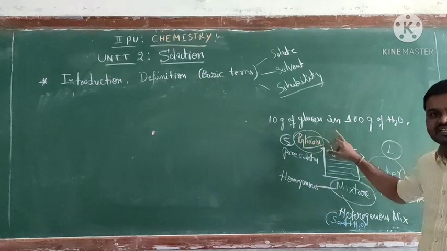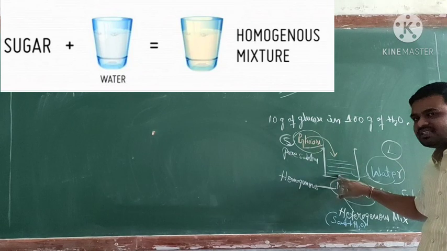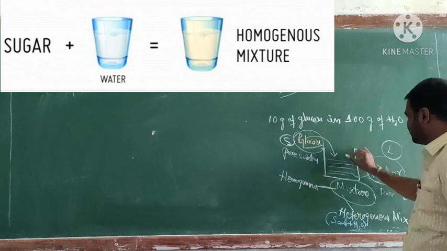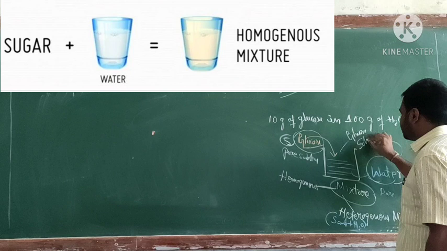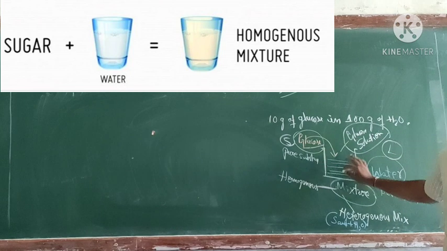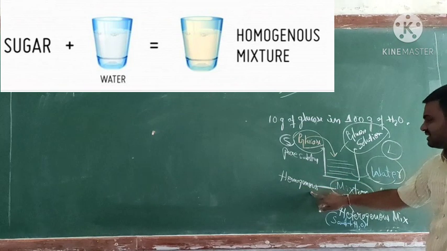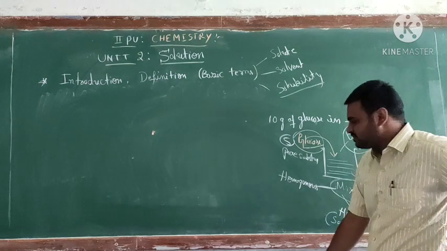Come to the homogeneous. One example of homogeneous: glucose added to the water gives a glucose solution. So this glucose solution is a homogeneous mixture. What's the definition of homogeneous?